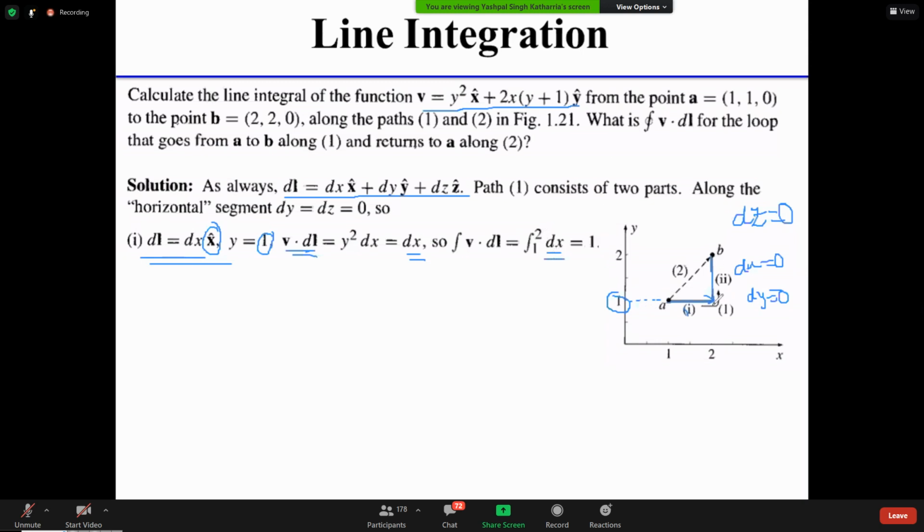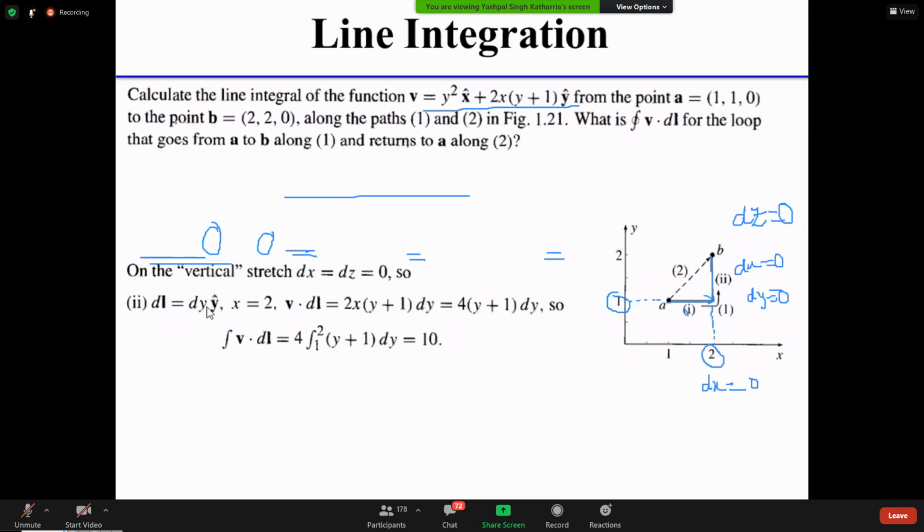Same way you can do along this path here. For that we have x fixed at 2, and if x is fixed at 2, then obviously dx equals 0. So in that case, dl here will be given by dy into y cap. With x equals 2, you calculate v dot dl again. The y cap into y cap term will give you 2xy plus 1.